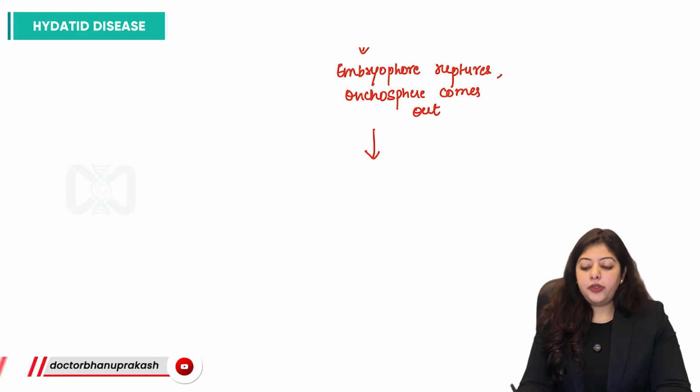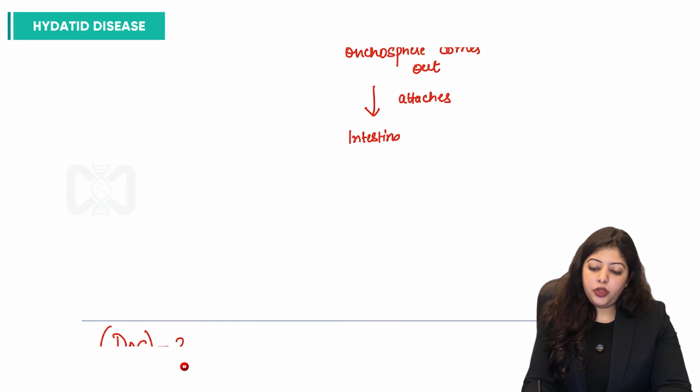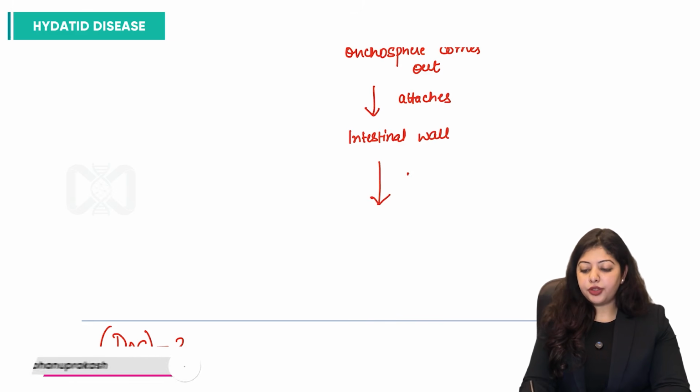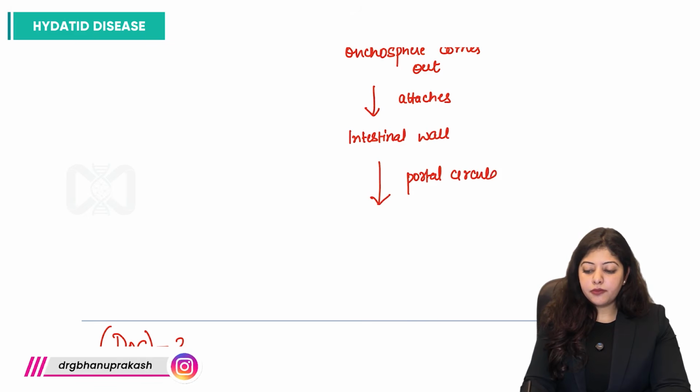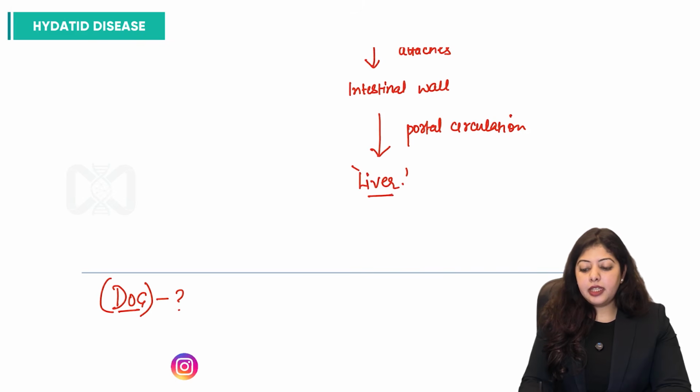Now this oncosphere attaches to the intestinal wall, and then via portal circulation it is carried to the liver. Now a lot is happening.